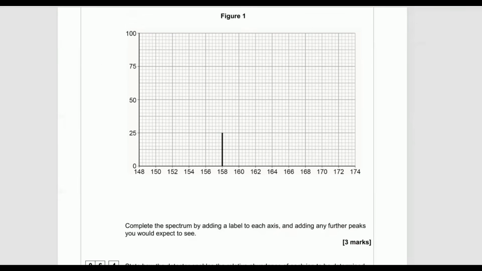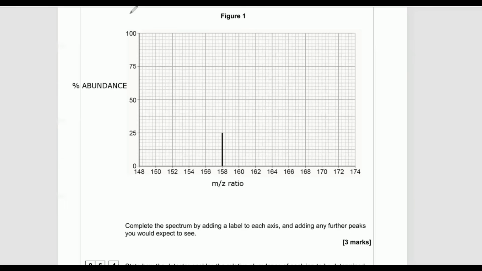So on the y-axis we have percentage abundance, and on the x-axis we have the m/z ratio, the mass to charge ratio. The charge on this is +1, so basically m/z is equivalent to the mass.